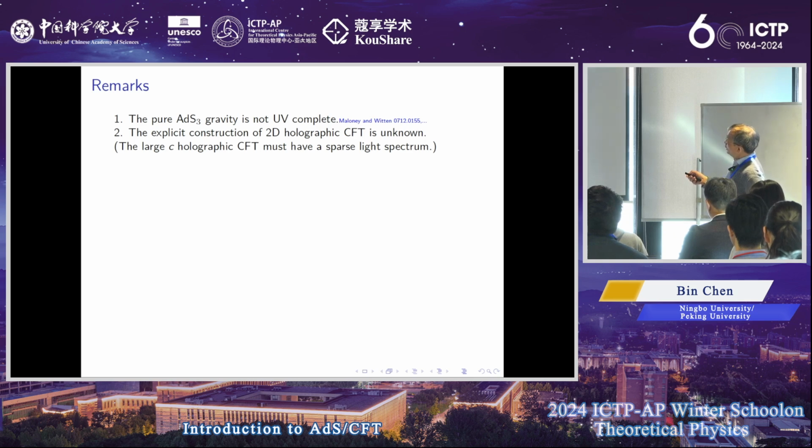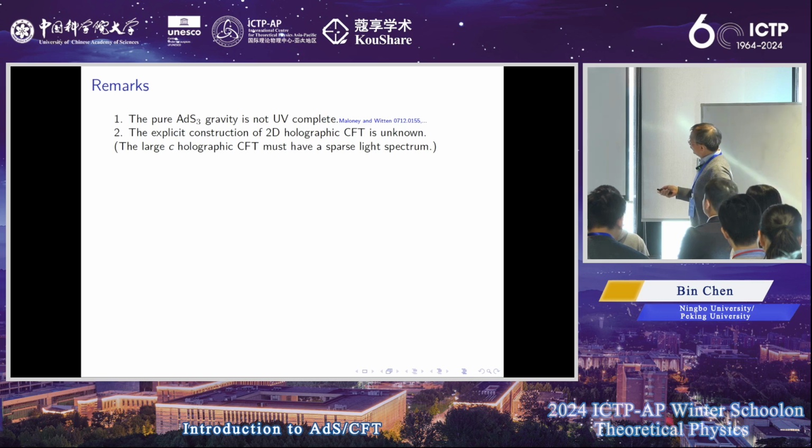Moreover, the explicit construction of the two-dimensional holographic CFT is unknown. It's different from AdS5 and super Yang-Mills, where we can write down the Lagrangian of four-dimensional N=4 super Yang-Mills. But for this two-dimensional holographic CFT, we don't know its explicit construction.